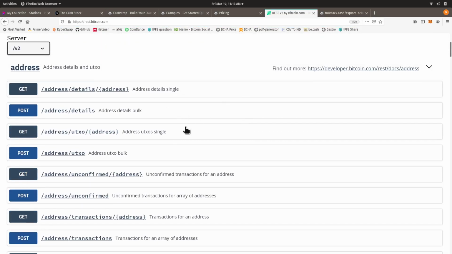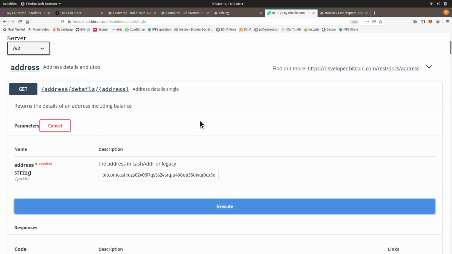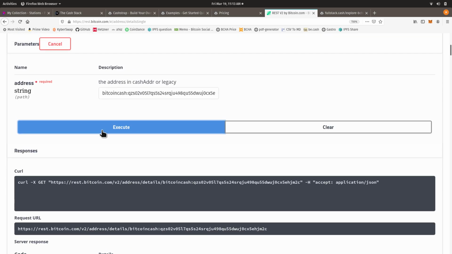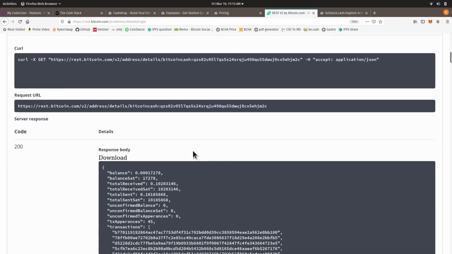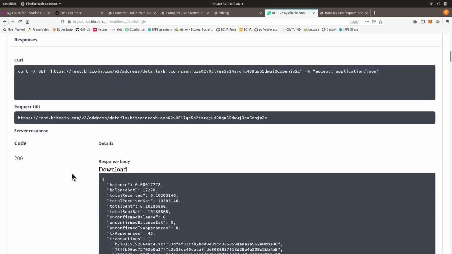It's really handy. So, for instance, getting the balance of a Bitcoin Cash address, you can interact with it here. Here's an example. You can put any Bitcoin Cash address in there, and then you'll get this nice data set back.